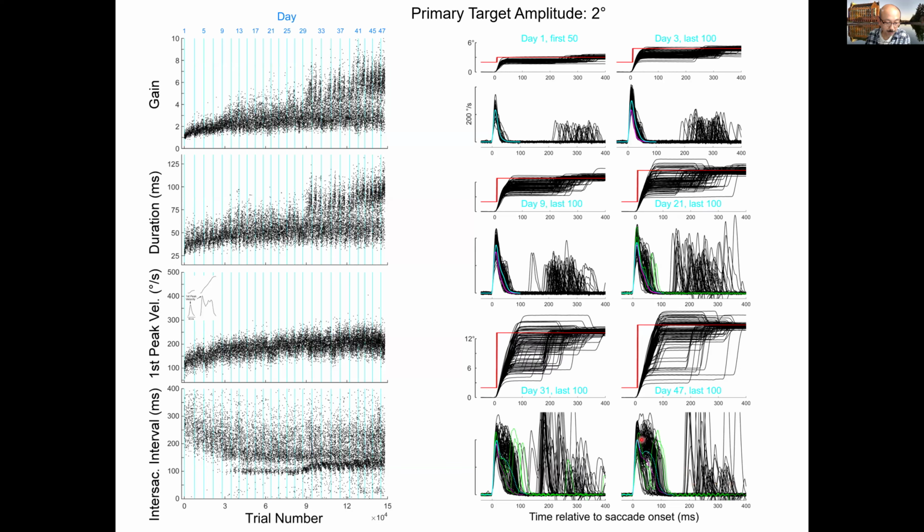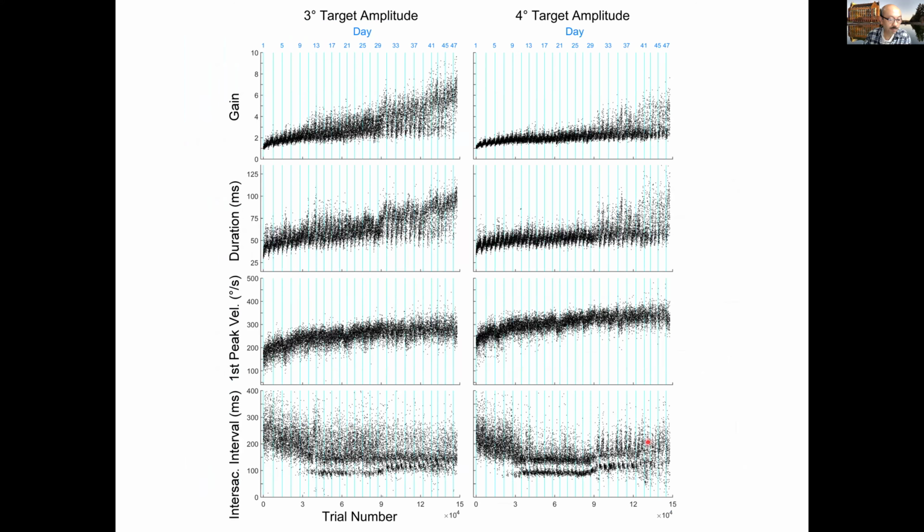And again, the peak velocity doesn't change very much. And this is for 2-degree primary target amplitude. And the same kind of pattern you will see also for 3-degree target amplitude and 4-degree target amplitude.